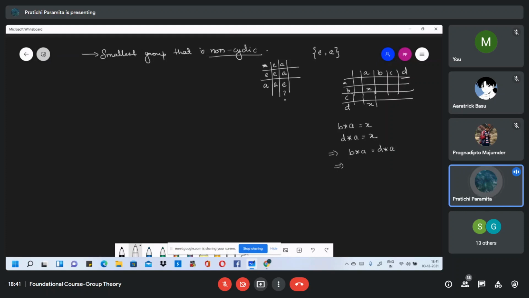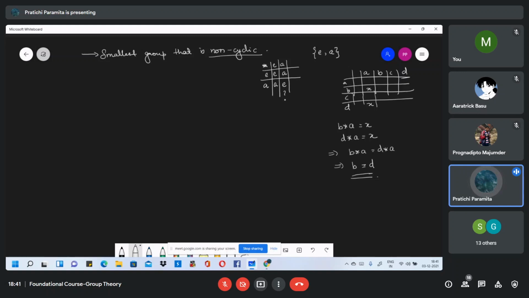If I multiply by A inverse, then I'll get B is equal to D. But a Cayley table is going to write all the distinct elements only, so B can't be equal to D. Similarly for rows, you can do the same thing and you'll get a contradiction. So the Cayley table states that no row or column can have 2 elements the same.